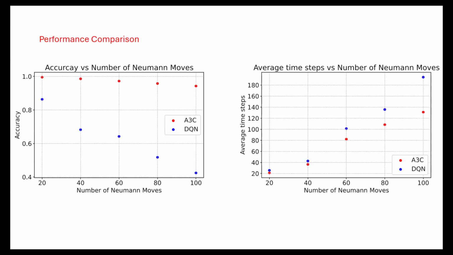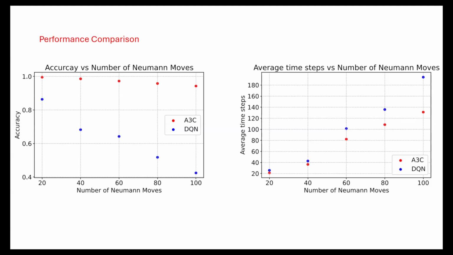Also, when the initial state is created by a larger number of Newman moves, DQN's accuracy drops drastically as the number of Newman moves increases, but A3C keeps its accuracy at around 90%, over 90%.